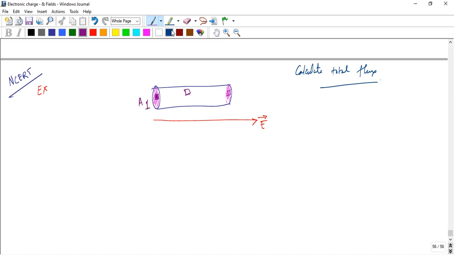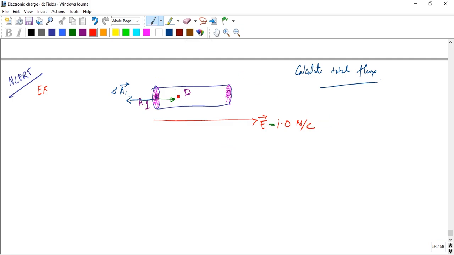We know the area vector is always normal to the surface. So delta A1 is normal to the surface, and the electric field is in that direction, as given. The electric field is E equal to 1.0 Newton per Coulomb, the SI unit of electric field.